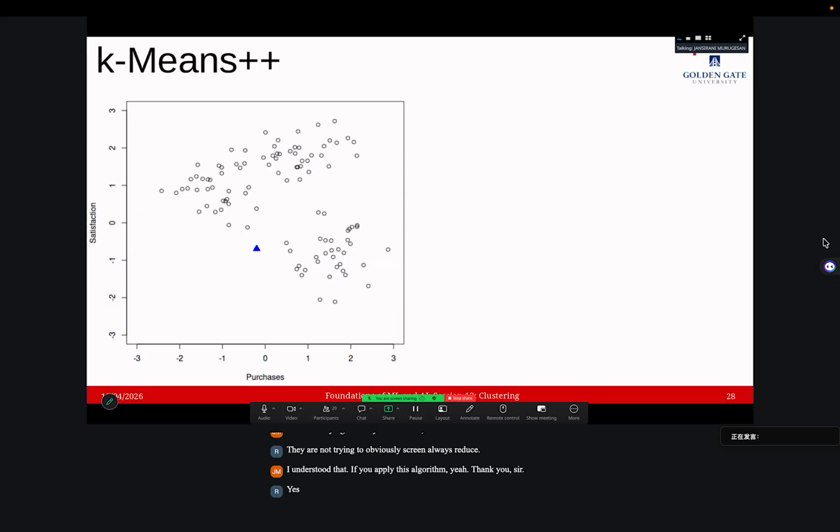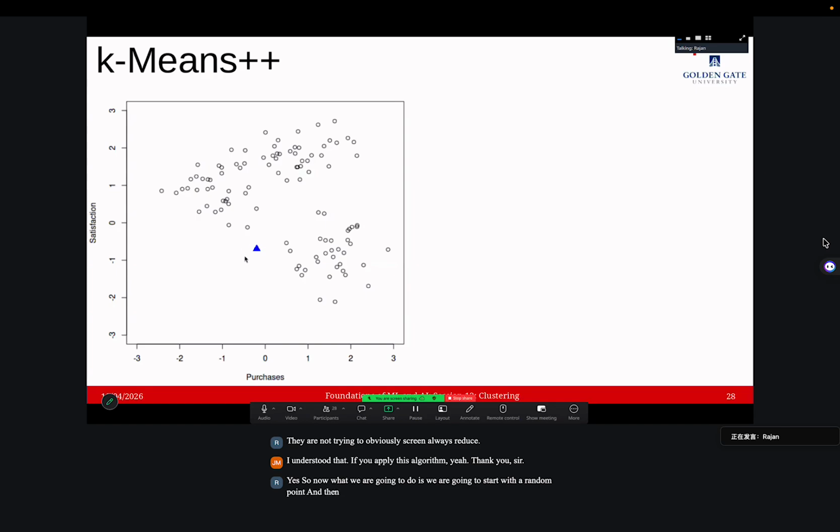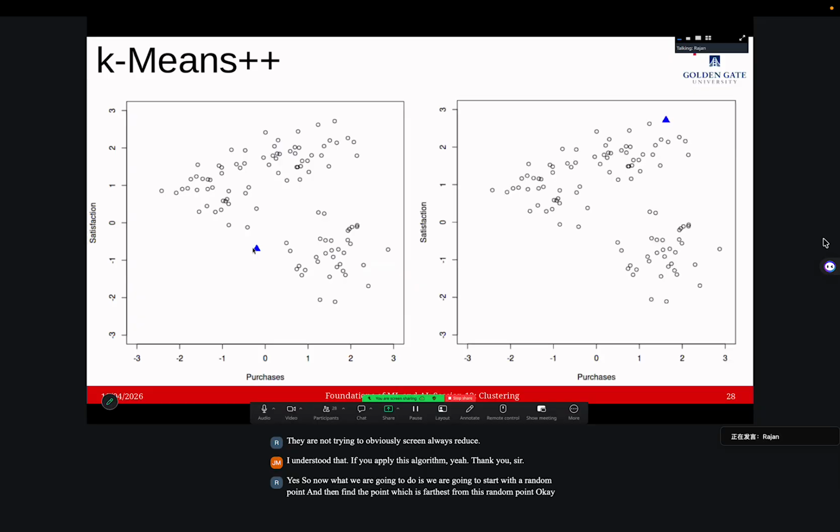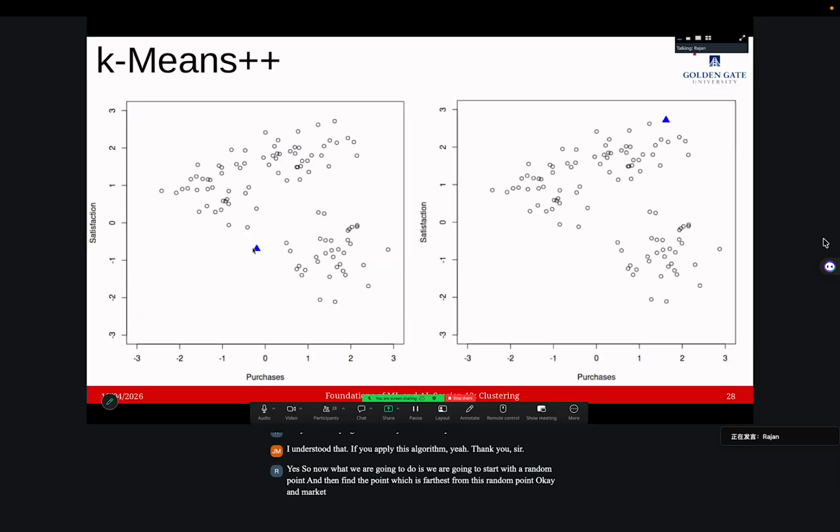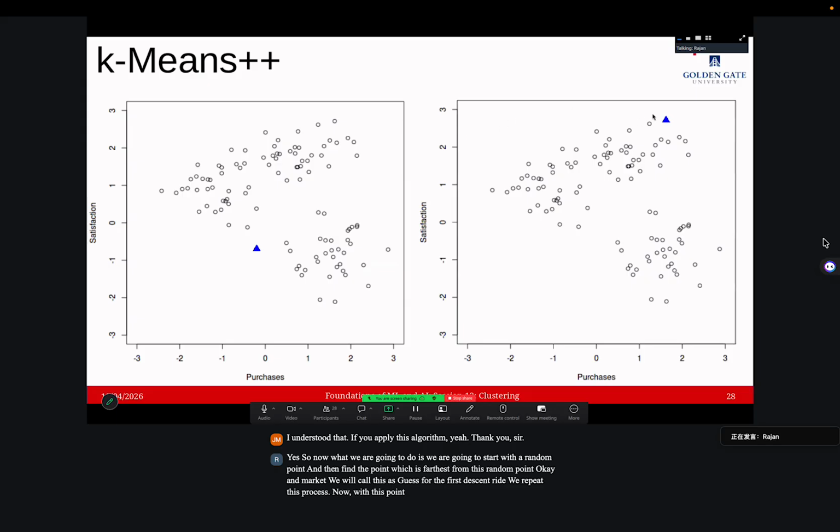Yeah. So now what we are going to do is start with a random point and then find the point which is farthest from this random point. Okay, and mark it. We will call this the guess for the first centroid. We repeat this process. Now this point is in the data itself. Initially it was not in the data.